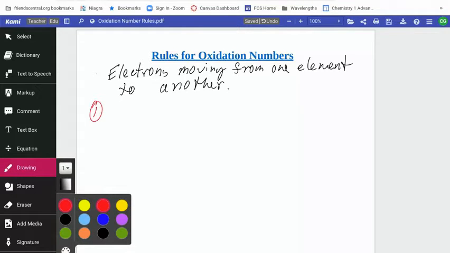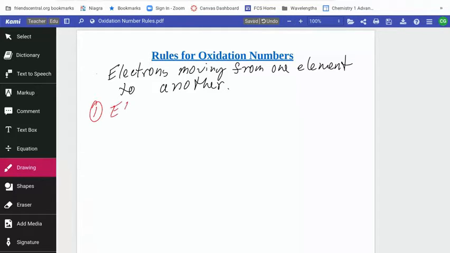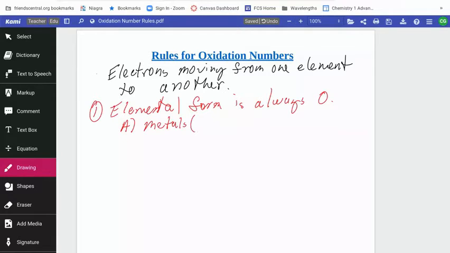So number one is the elemental form is always zero. And what does that mean? So I'm going to give you two examples of elemental forms. I'll make them A, will be things like metals, as solids though, not as ions.